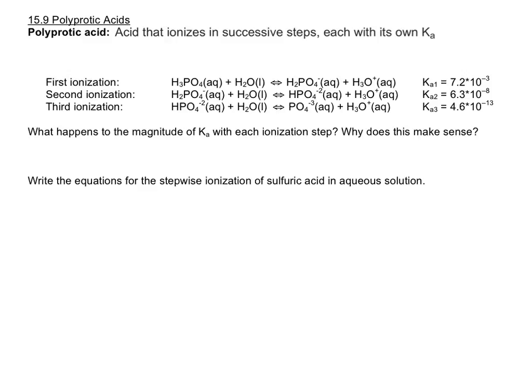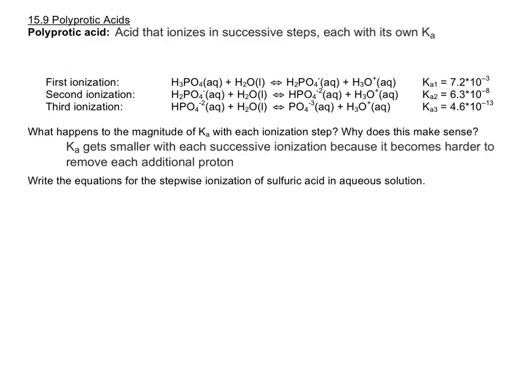And so you can see they get progressively smaller as we continue to pull off protons, and this makes sense because the phosphate ion has a -3 charge to hold on to those protons with, so it's going to be able to hold on to 1 much more tightly than it's going to hold on to 3, for example. So each one that you pull off is a little less likely to come off, I guess is the best way to put it. So in your book, they go over how to calculate the pH of a polyprotic acid system.